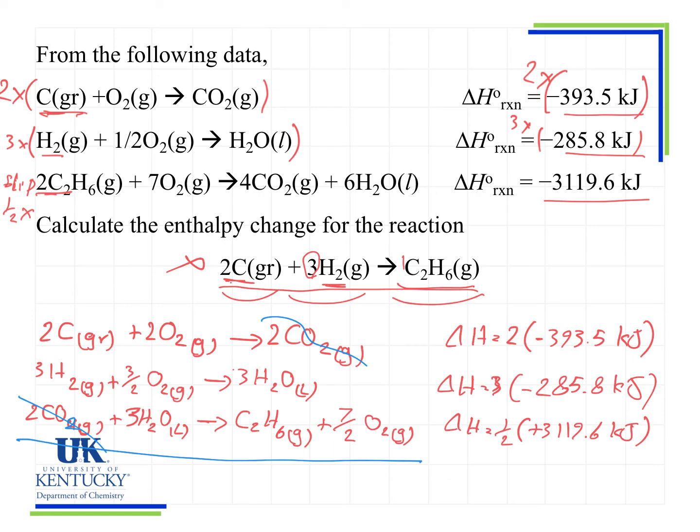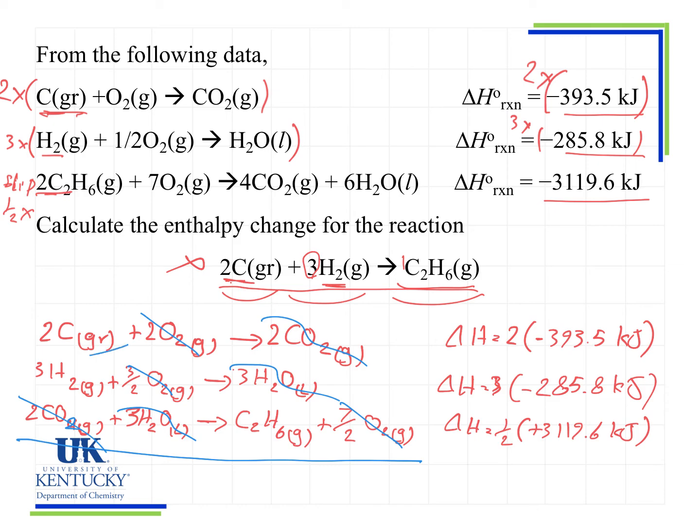And so I have 3 water in liquid phase and 3 water in liquid phase. I have 2 O2 and 3 halves, which is 1.5, and this is 2, so it's 3.5. And here 7/2 is 3.5, so I can cancel out these with these 2.